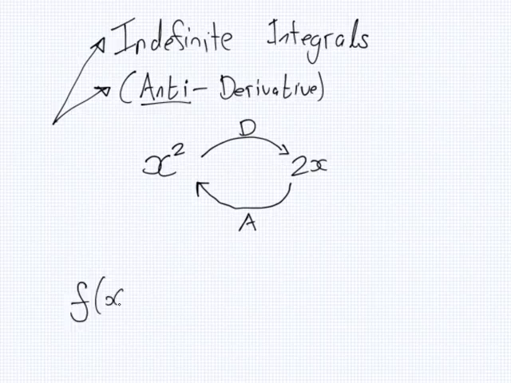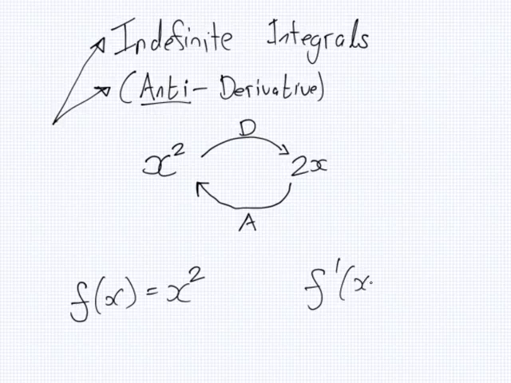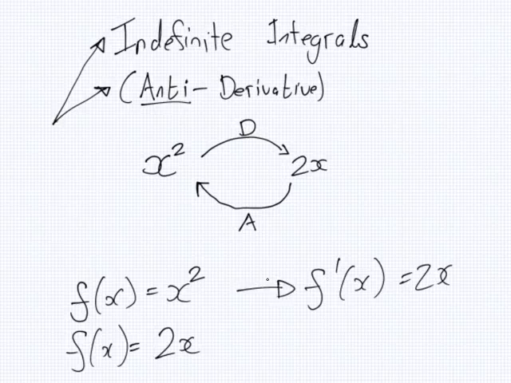If we use f(x), f dash x is the derivative, but does anybody know what we use if we're looking at the antiderivative? Let's say the function is 2x, this is the derivative, and I want the antiderivative.